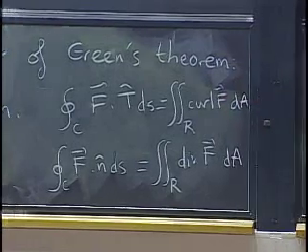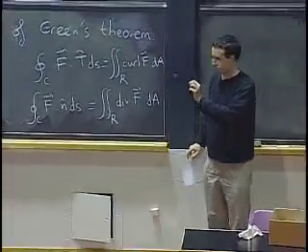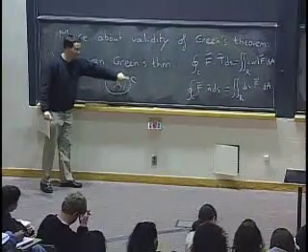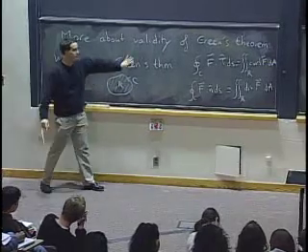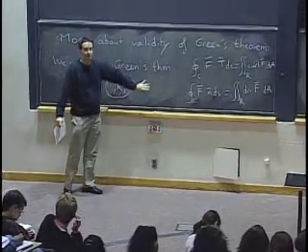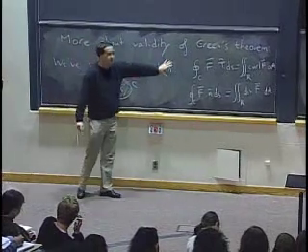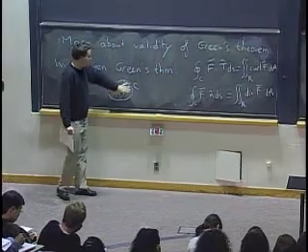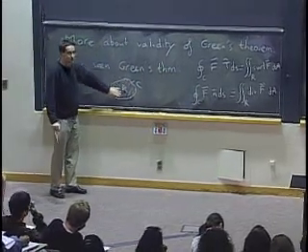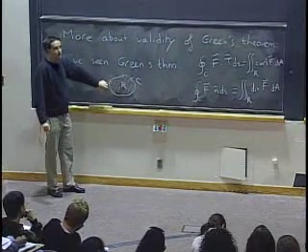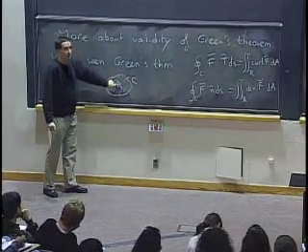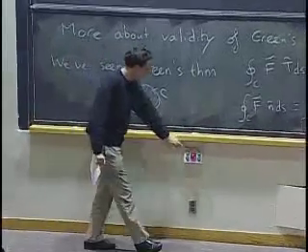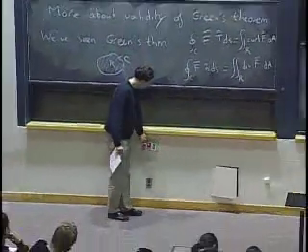In both cases, the left-hand side makes sense if the vector field is just defined on the curve, because it's just a line integral on C. We don't care what happens inside. But for the right-hand side to make sense, and therefore for the equality to make sense, we need the vector field to be defined everywhere inside the region. If there's a point somewhere in here where my vector field is not defined, then it doesn't work.